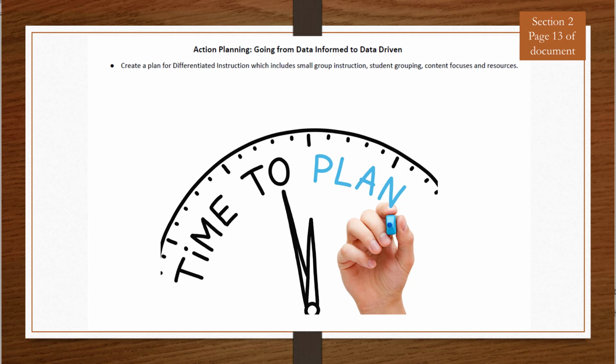The content focus, which are the standards and additional resources that will assist with day-to-day instruction and activities within the classroom. Plans can be created by individual teacher, grade level teams, departments. This plan may also be utilized for other district formative assessments such as FSQs, USAs, and iReady Mastery assessments.